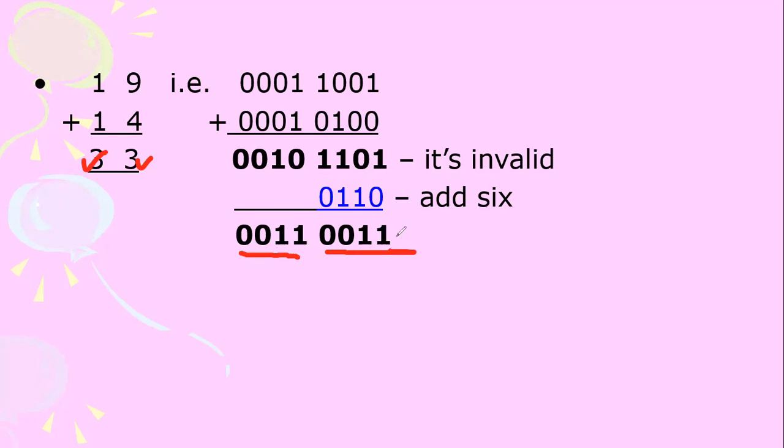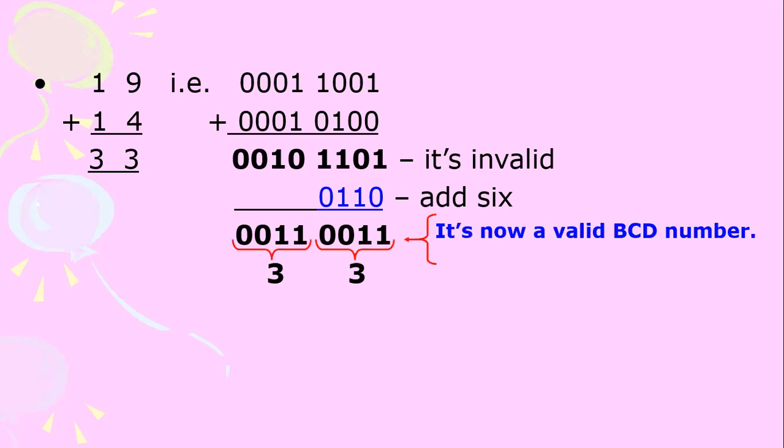Then do the same for the other pair. See whether you get 3. If you get 3 in both the cases, then our BCD will be correct. So after converting, I have gotten 3, 3. And therefore, this is now a valid BCD number.